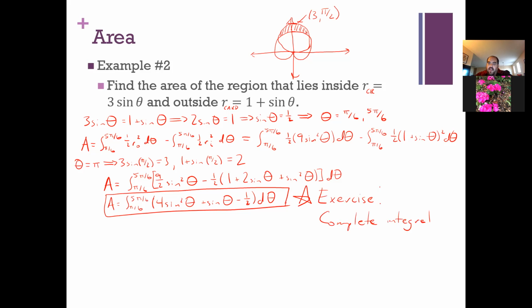To that end, why don't I ask it here? Based on what's here, what trig identity should I use to help me simplify that integral?